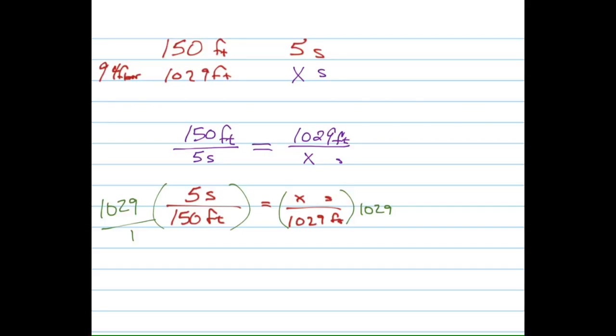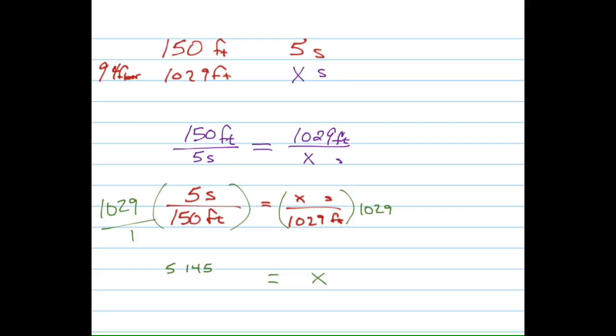So if we multiply across the top, what's 1029 times 5? Let's say this properly. We should have learned this the last couple of years. 5,145. When is the only time we say "and" in a number? For a decimal or a mixed number. Okay.